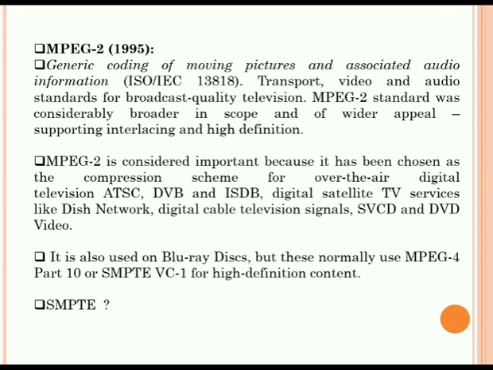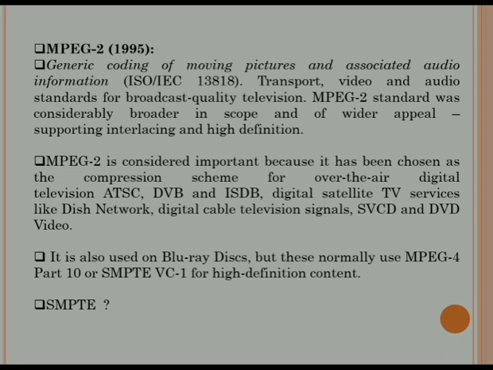The MPEG-2 standard was considerably broader in scope and of wider appeal, supporting interlacing and high definition. MPEG-2 is considered important because it has been chosen as the compression scheme for over-the-air digital television, ATSC, DVB and ISDB, digital satellite TV services like Dish Network, digital cable television signals, and SVCD and DVD video. It is also used on Blu-ray disc, but this normally uses MPEG-4 Part 10 or SMPTE VC-1 for high definition content.